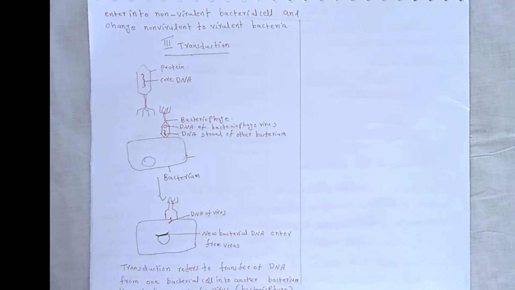Now we complete this part. There are three processes: conjugation, transformation and transduction.